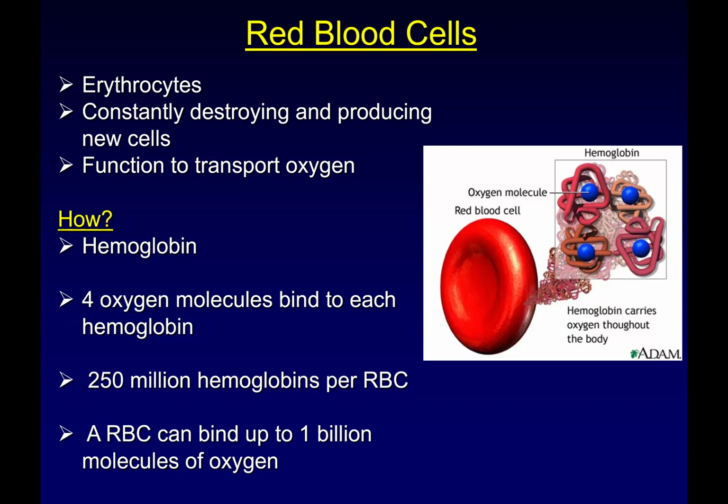Therefore, you have billions of molecules of oxygen in your blood. This ginormous ability to bind and carry oxygen keeps this high gradient, lots of oxygen in arterial blood, which lets us force a bunch of it into the tissues that we're going to.